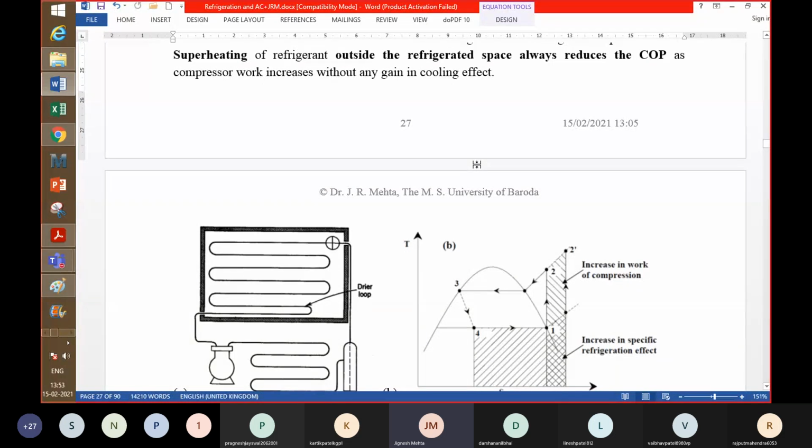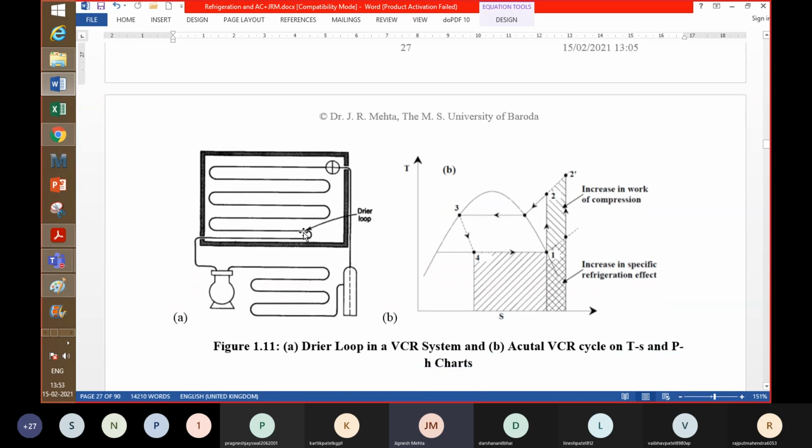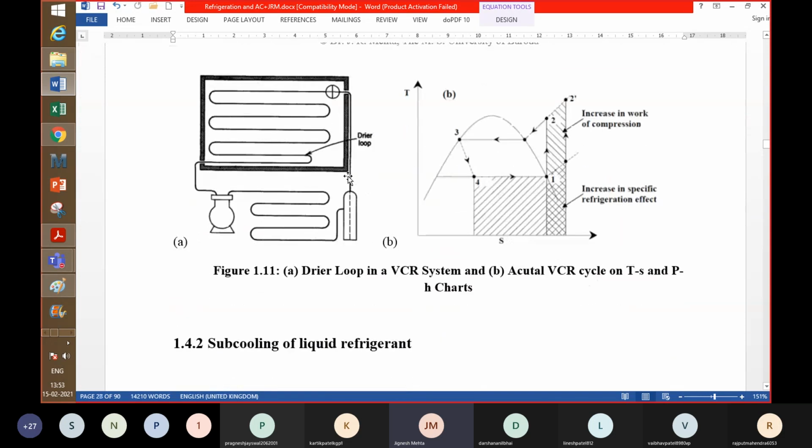But there could be some practical reasons why it might have to be done. For example, it was mentioned that for cooling the motor winding in a hermetically sealed compressor, the most convenient option is the refrigerant vapor itself, right? So practically you may have to go for that, though theoretically, from the science of thermodynamics, it is not desirable.